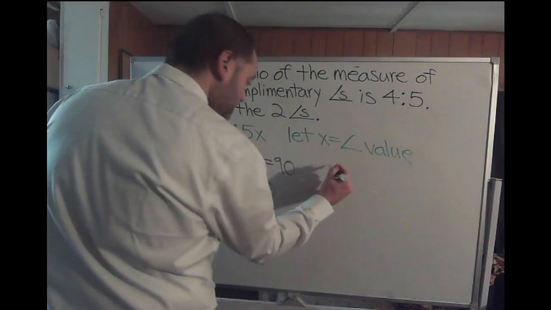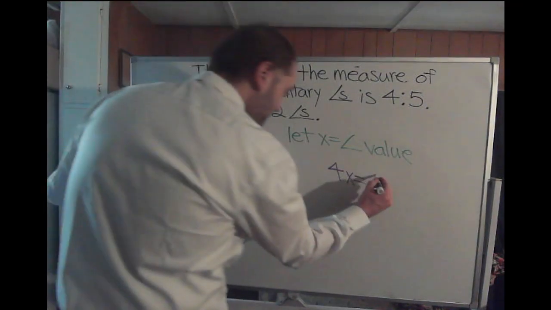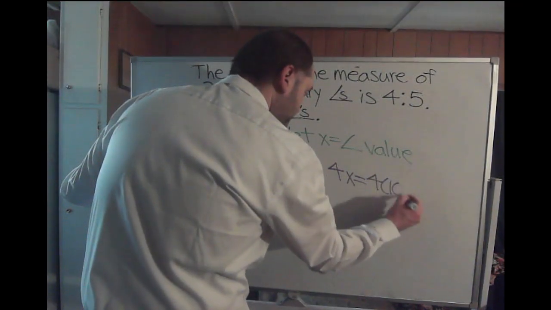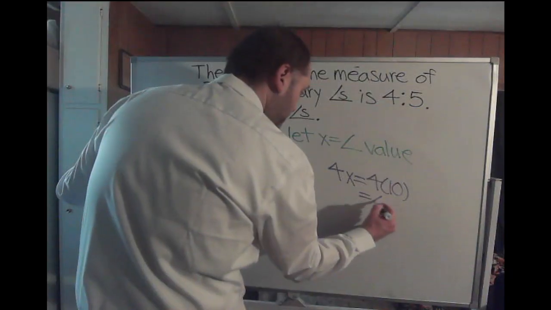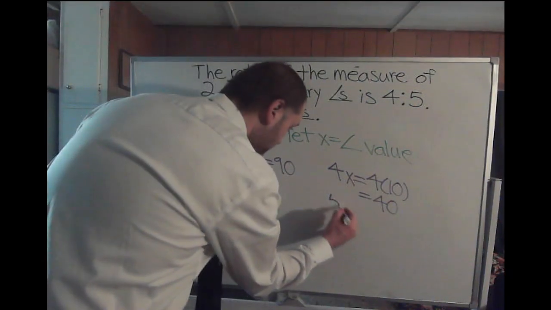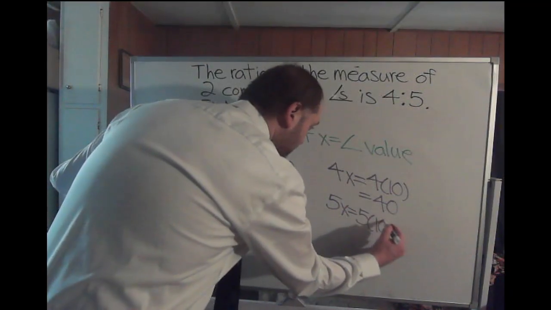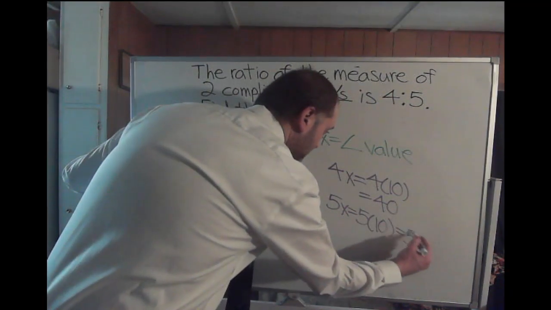So 4x equals what? 4 times 10, which would equal 40. And then 5x would equal 5 times 10, which would equal 50.